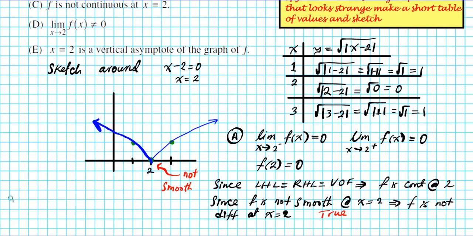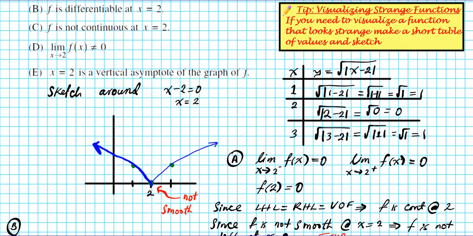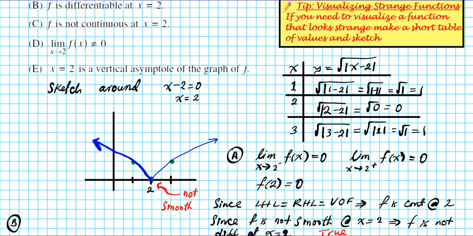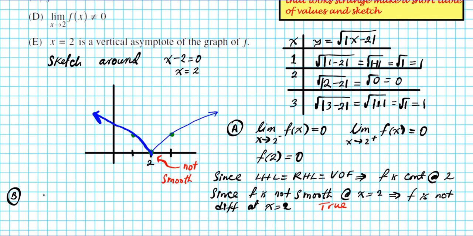So let's take a look at option B just to make sure we understand this completely. It says f is differentiable at x equals 2. Now, is that true or false? It's clearly false because f is not smooth at 2. Okay, we talked about that earlier, so let's write that down.